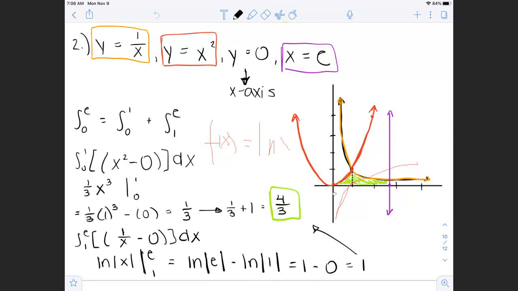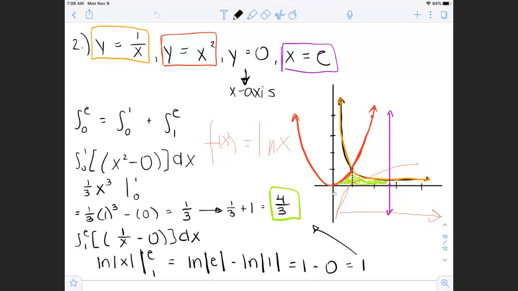Okay? No absolute value sign. So what is the domain of this function? The graph looks like this. You see, on the right-hand side of the y-axis, think about the x values. What are some x values that work for this function? All positive x values.